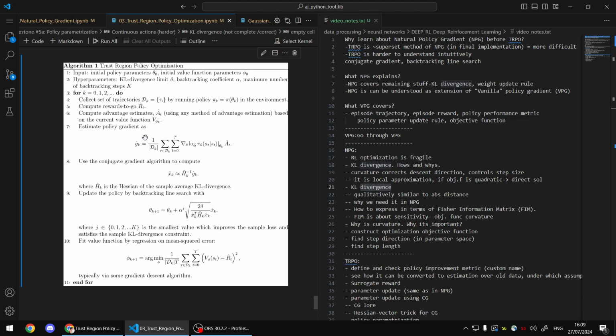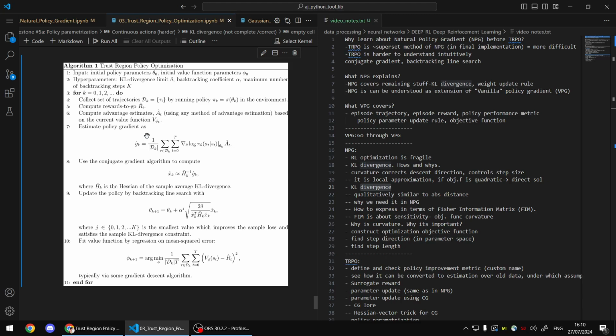But then from step 8, you can read: use the conjugate gradient algorithm to compute some stuff. Like, what is conjugate gradient, right? And you can keep reading, where H hat k is the Hessian of the sample average KL divergence. And you're like, what? What are they talking about? At least it was the situation for me.